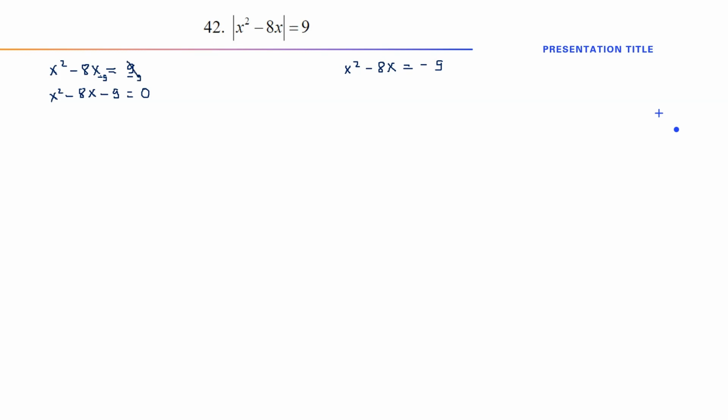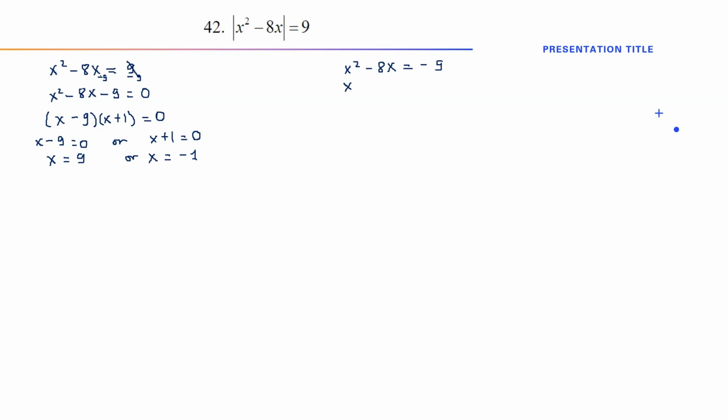So two numbers multiply equal negative 9, add up to negative 8. We have x minus 9 times x plus 1. So x equal 9 or x equal negative 1, by solving x minus 9 equals 0 or x plus 1 equals 0.